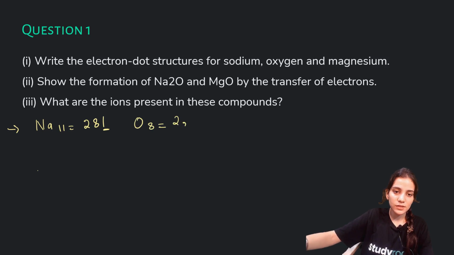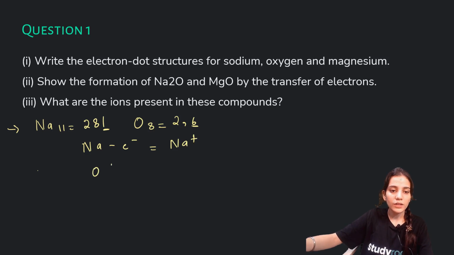It has 6 electrons in its valence shell. Now during the bond formation, Na will lose its electron to form Na+, whereas oxygen has to gain 2 electrons. So as to balance our chemical equation, we'll take 2 atoms of Na so that they can lose 2 electrons.